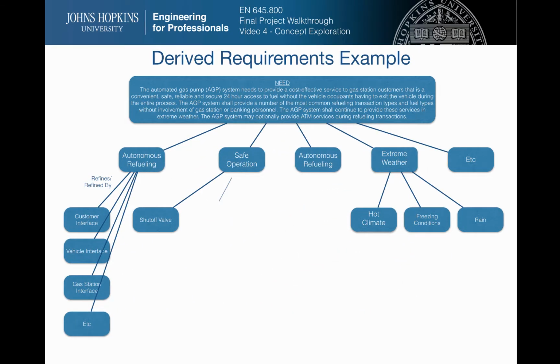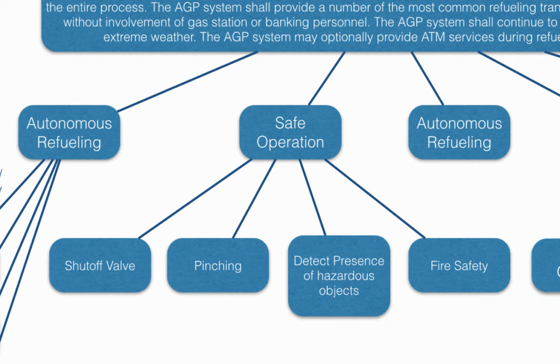For example, this higher level safe operation requirement. Here I most likely need to refer to an industry standard for building safety measures into my system that interact with people, such as a gas pump or an automated robot arm, and insert these standards as requirements for my system, taking into account the operational environments and scenarios described in my CONOPS.